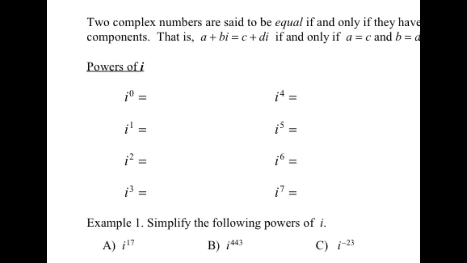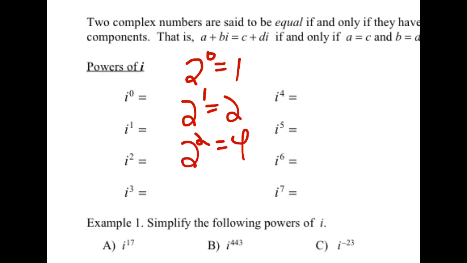Just think about, I'm just going to write this off to the side here, like if I have 2 raised to the 0, that means 1. If I have 2 raised to the 1, that means 2. If I have 2 raised to the 2, that means 4, because in each case you're just multiplying by another power of 2. Or if you're working in the reverse direction, anytime you decrease the power by 1, you're really dividing by your base.